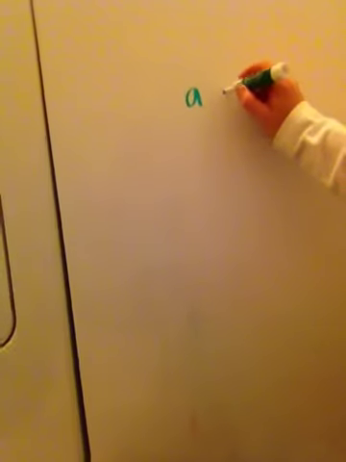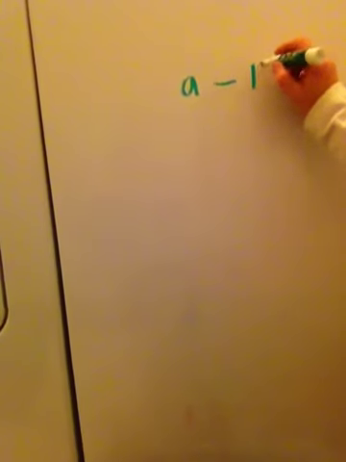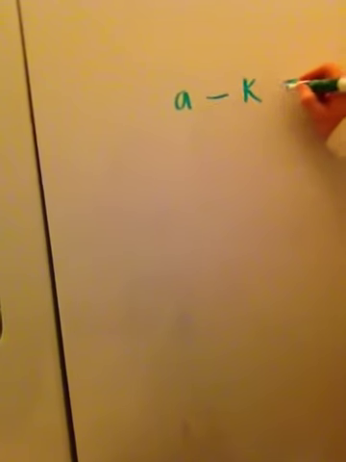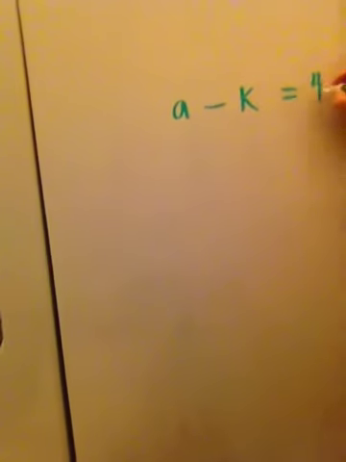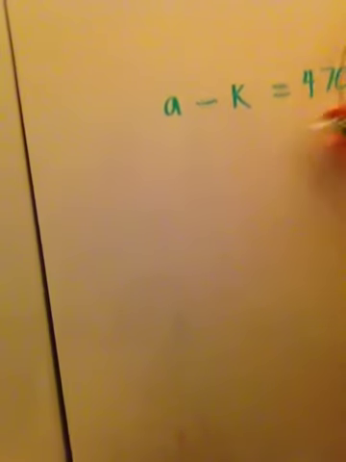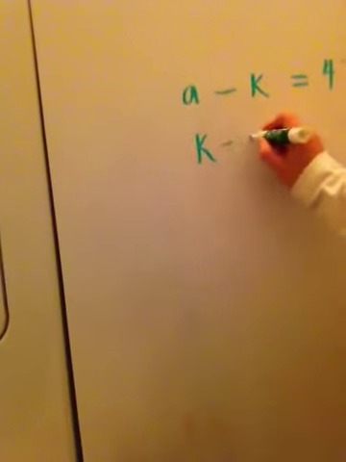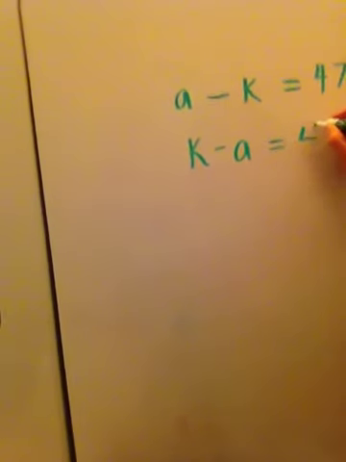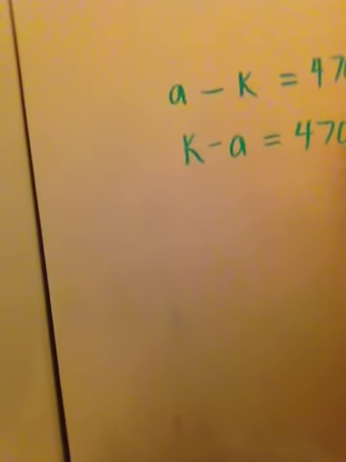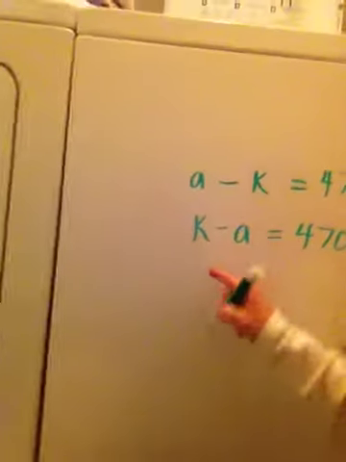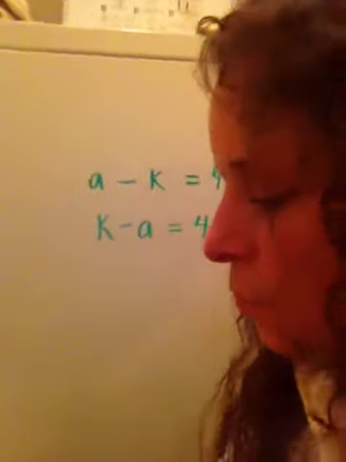How about we do A for Rosa and K for Rick. So Rosa's salary minus Rick's salary is $4,700, or Rick's salary minus Rosa's salary is $4,700. We've got to figure out which one, because remember with subtraction, order matters.